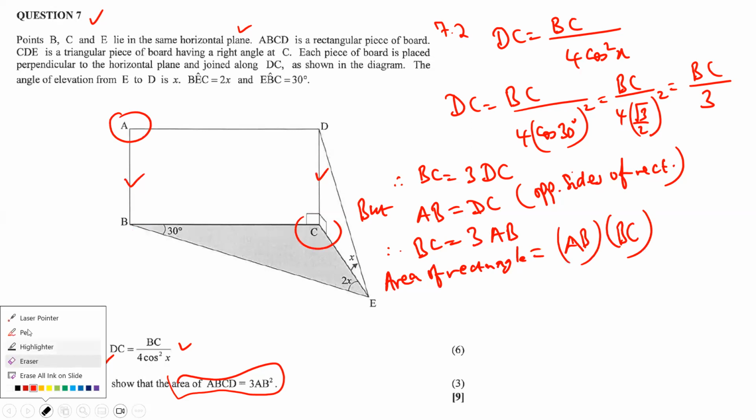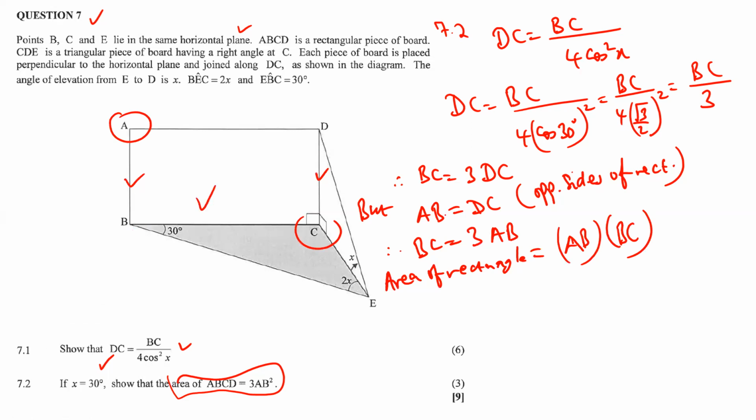So if that is true, AB times BC, what is AB? We're going to have AB here. BC is 3AB, so AB times 3AB.